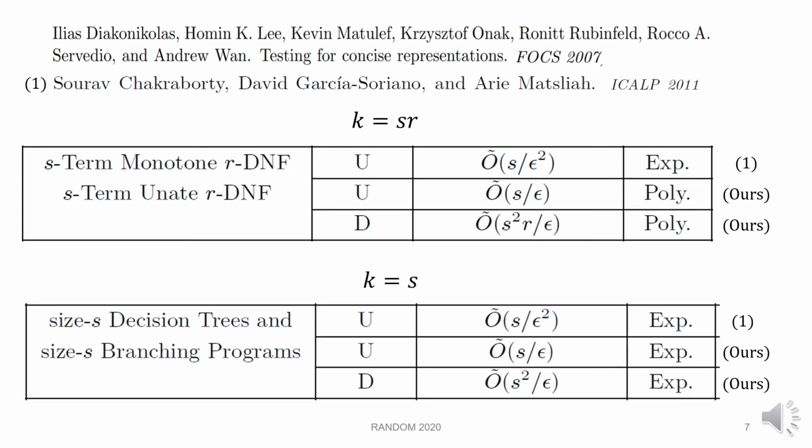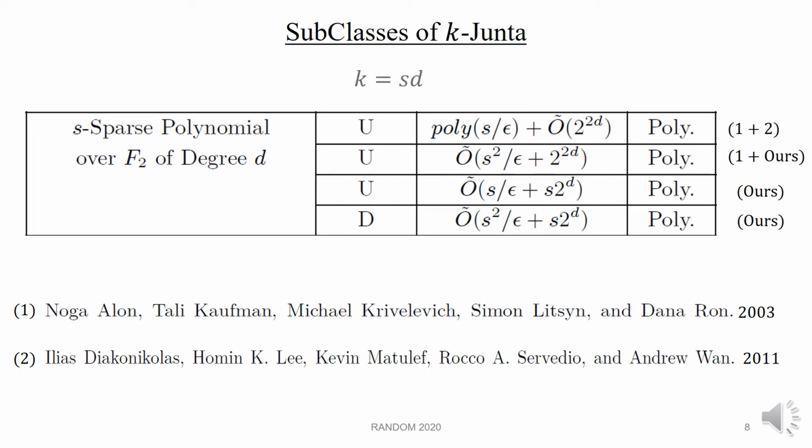Here's another result for size-S decision trees and size-S branching programs. Here too, for the uniform distribution, we have an optimal query complexity and a distribution-free tester with query complexity independent of n. Another result is for the class of polynomials over F2, the field F2, of degree D with at most S monomials.